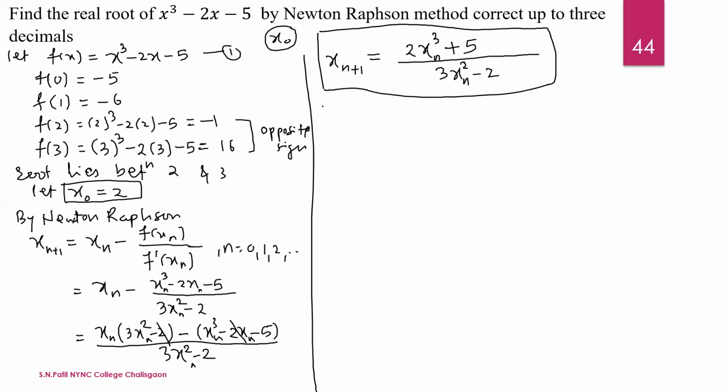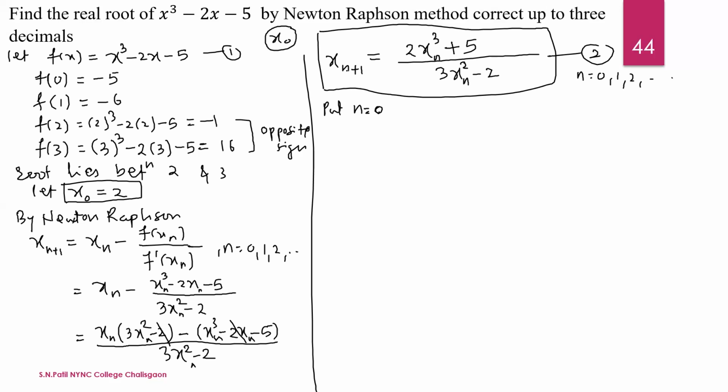Otherwise, instead of the general formula you can put n equal to 0 directly and go step by step. This is also okay, no problem. Say equation number 2, put n equal to 0, 1, 2 and so on. When we put n equal to 0, that is the first approximation.